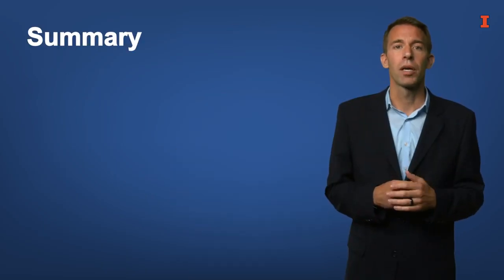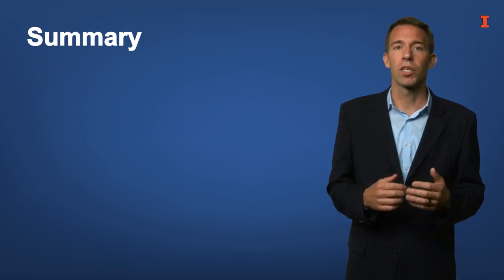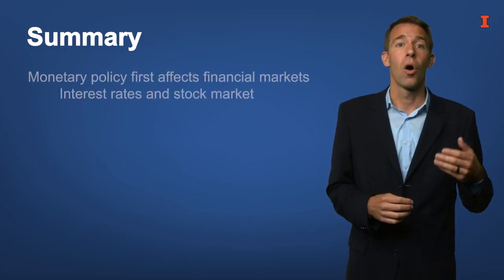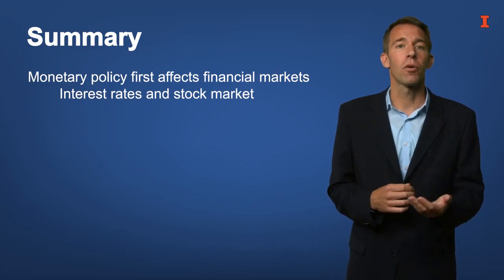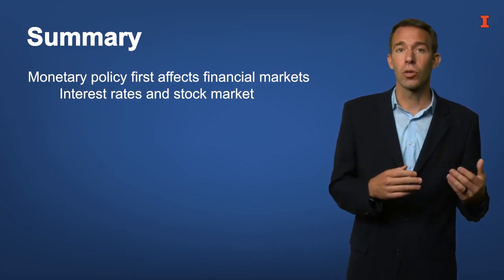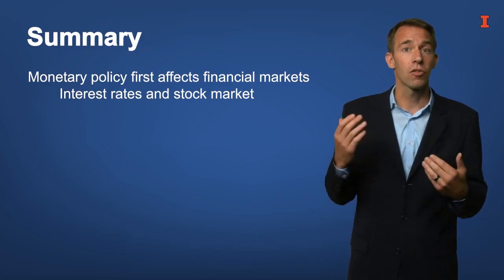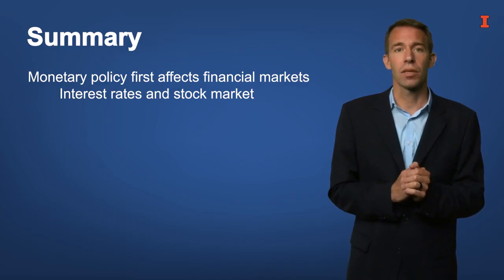Let's wrap up. In this class, we have summarized how monetary policy transmits to financial markets and the real economy. On aggregate level, we described how monetary policy should affect short and longer term interest rates, exchange rates, stock prices, and eventually consumption and investment.